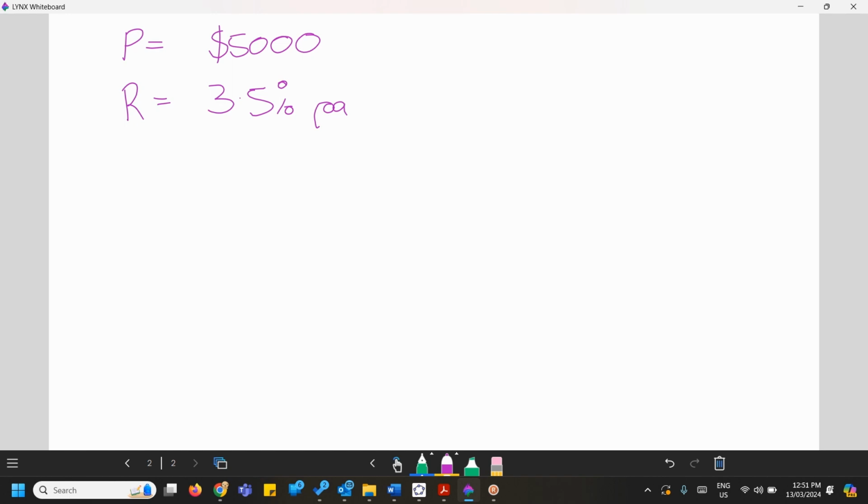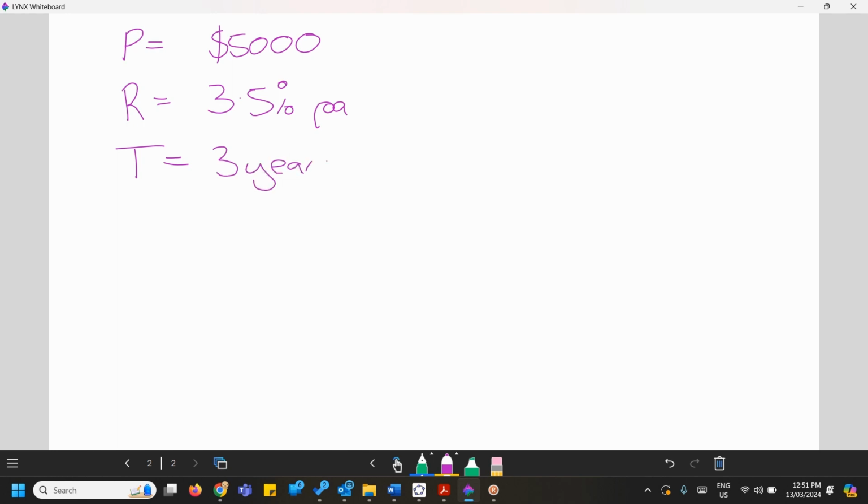When interest rates are advertised, it will be 3.5% PA. PA stands for per annum, which I believe in Latin annum is year, so it's 3.5% every year. And we are going to do it for a time of 3 years.